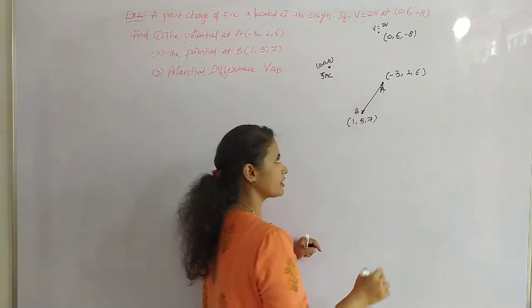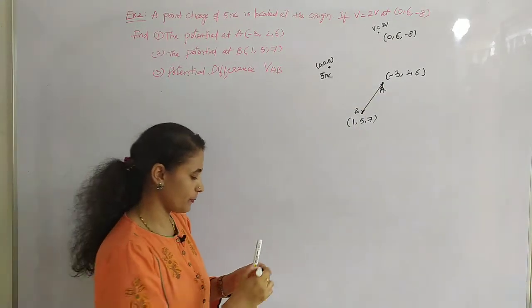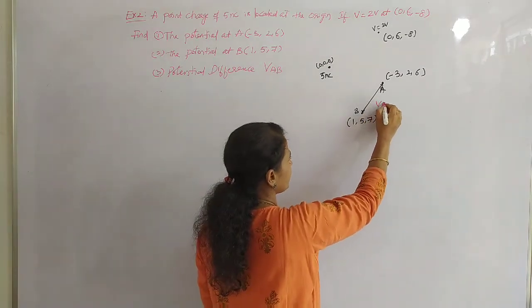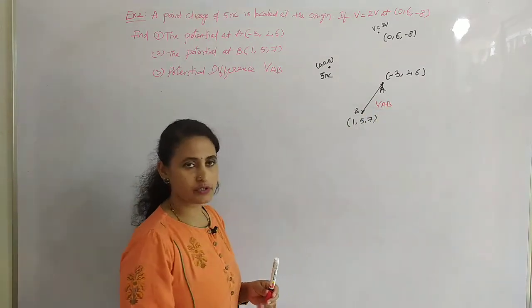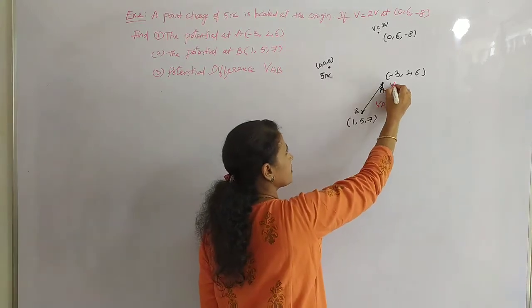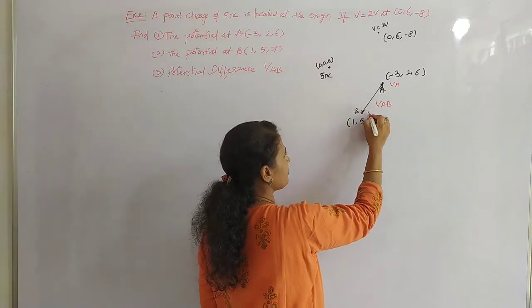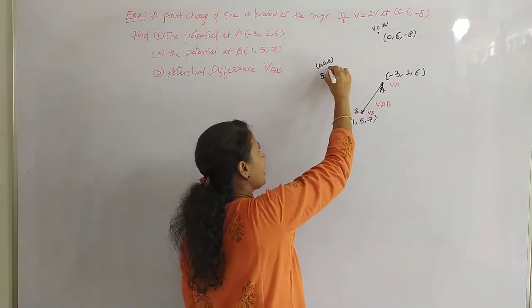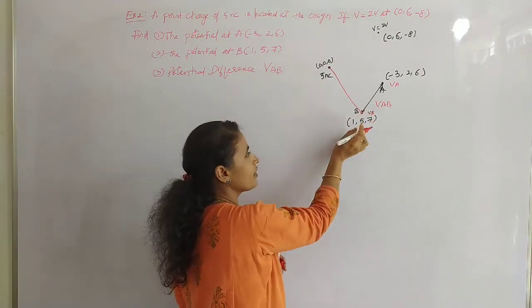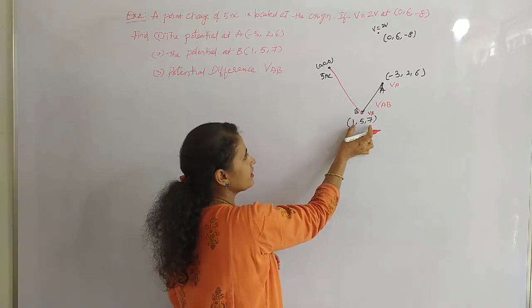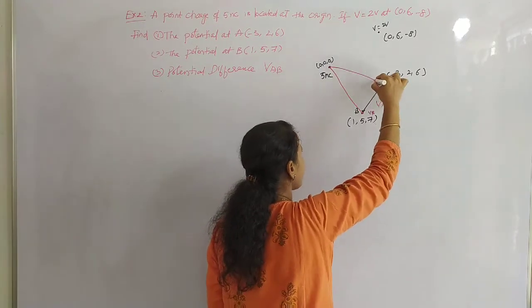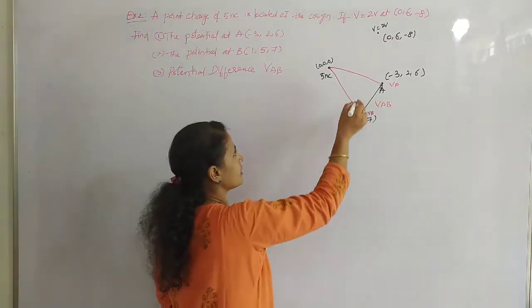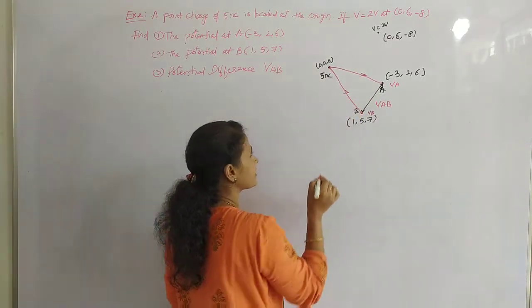We are supposed to find VA and VB, which are located at distances (-3, 2, 6) and (1, 5, 7), the resultant vector distances from the origin.